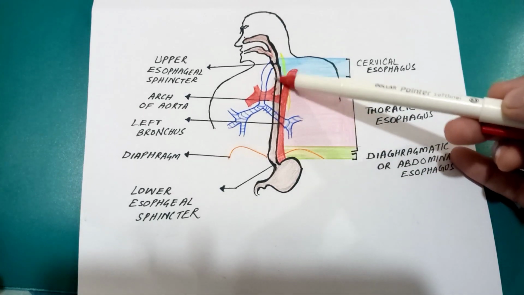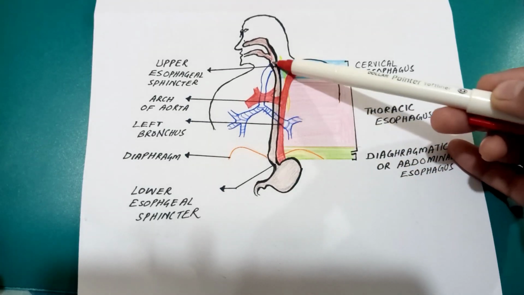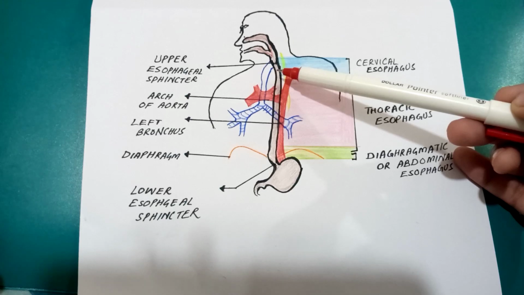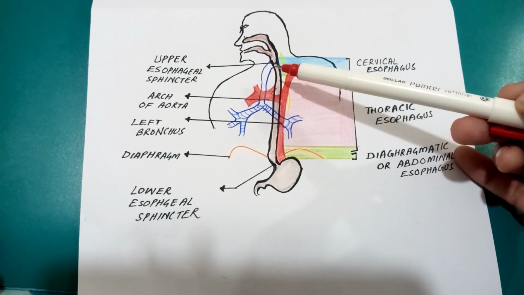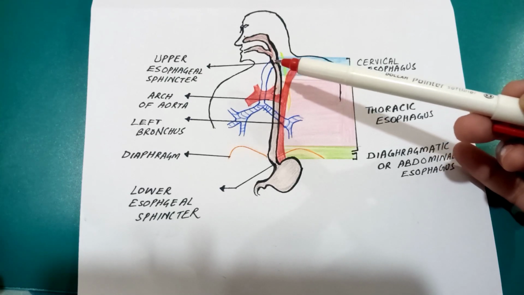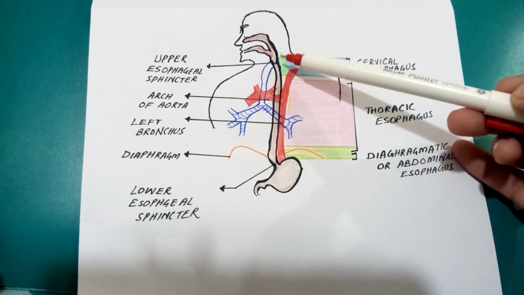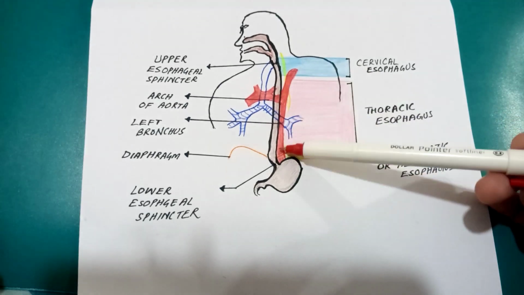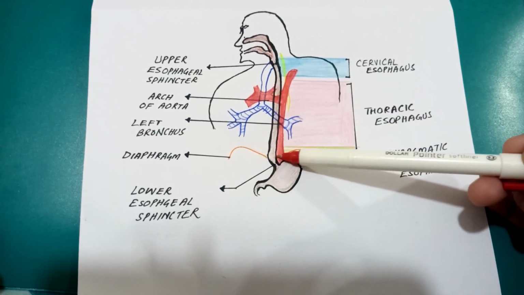If we talk about the overall length of this muscular tube, it is 25 centimeter in length. The esophagus starts from the upper esophageal sphincter, which is made by the cricopharyngeus muscle, and it ends at the lower esophageal sphincter.